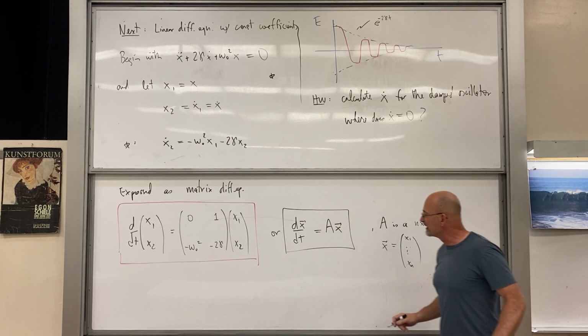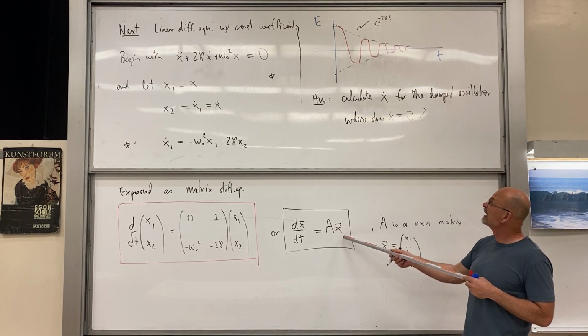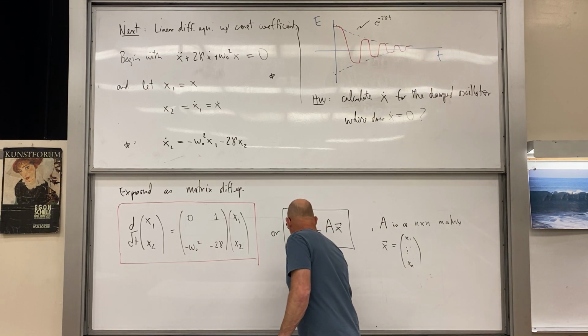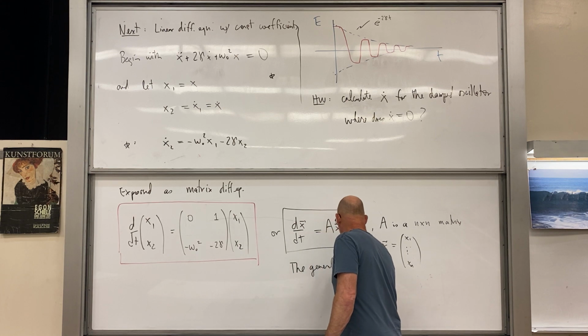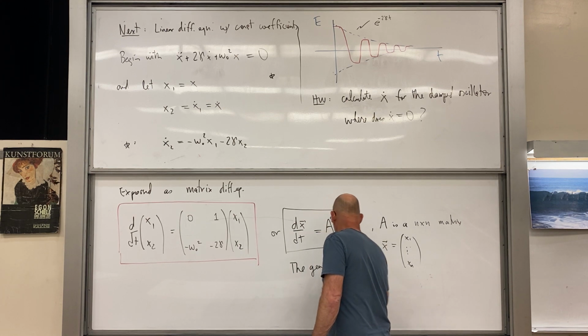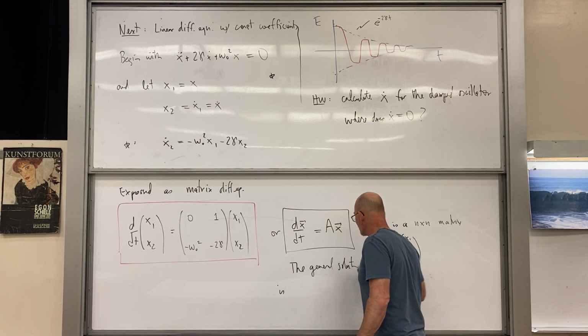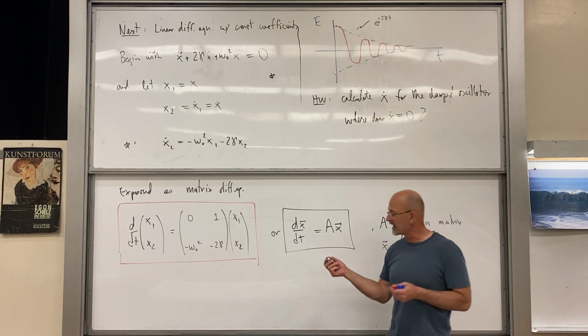And the interesting thing is the general solution of this is a vector times e to the lambda t. So the general solution of this equation is, before I say the general solution, let me just say the solution, and then the general solution can be a linear combination.